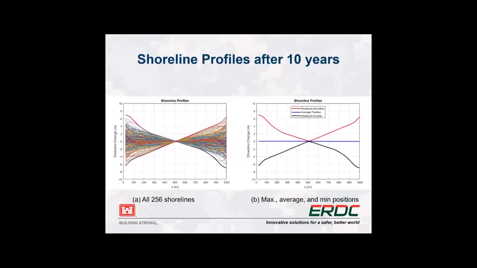So again, the goal of this is just to give you a good envelope of what could potentially happen. If you just use a deterministic wave condition, then you're not going to fully capture the full range of potential conditions. Some of these are probably pretty severe in one way or the other, but at least it gives you a good envelope of what could theoretically happen.